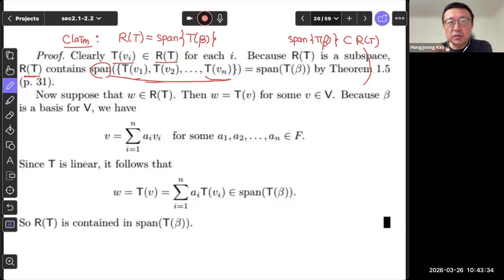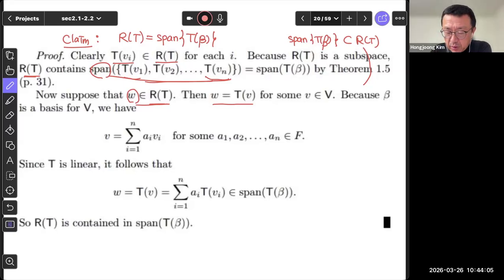Now, let us consider the other direction. So here, let me consider any arbitrary vector W from the range. That means this W is the image of some vector, say V. And since beta is a basis, any vector in the domain V can be represented as a linear combination of these basis vectors.